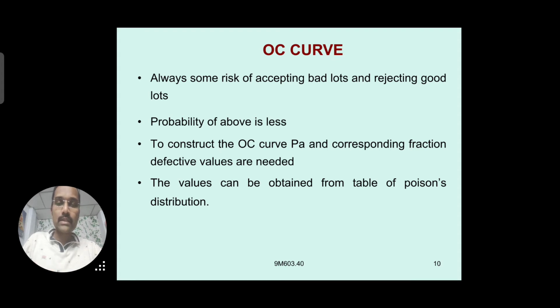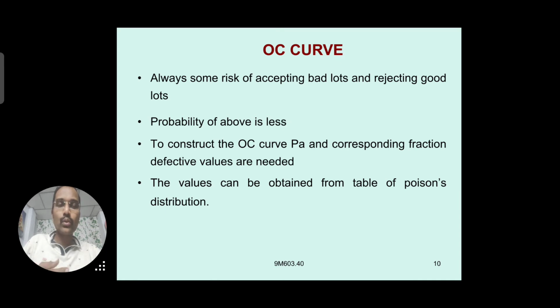The sampling plan has some risk, so you have to accept that condition. Sometimes bad lots will be accepted and good lots will be rejected, but this probability should be maintained very low.